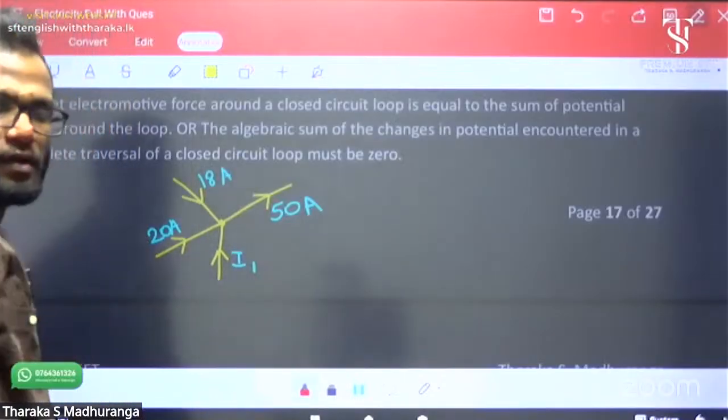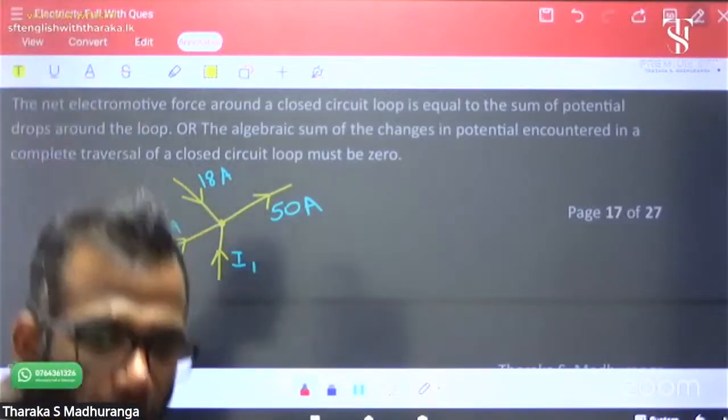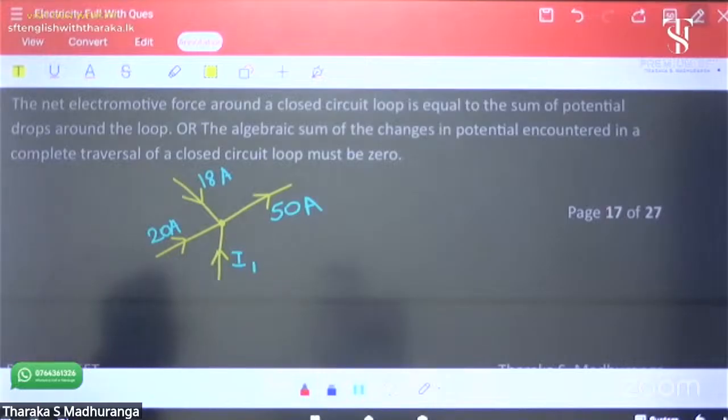Can you say what is the I1 value? What is the current flowing through the I1 path? Okay, quickly.